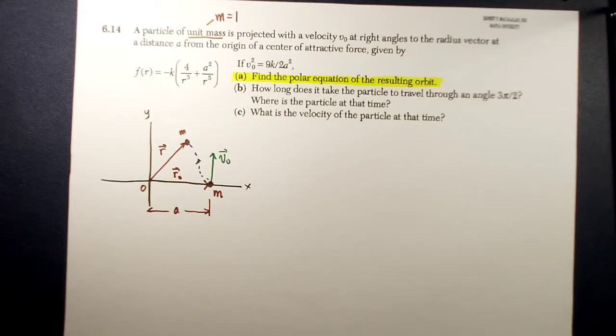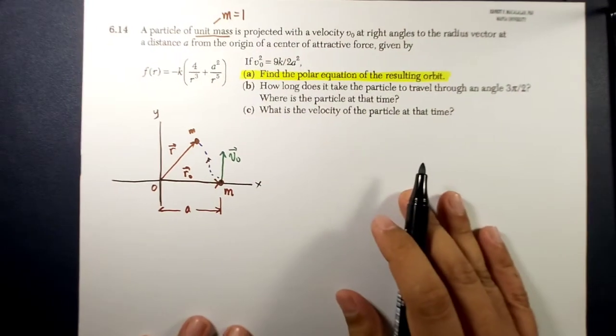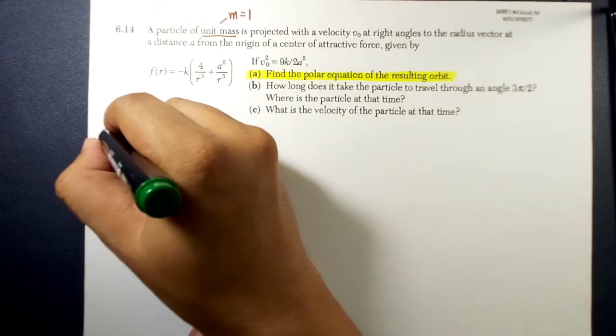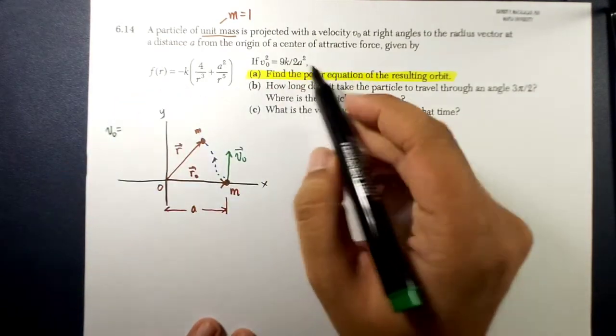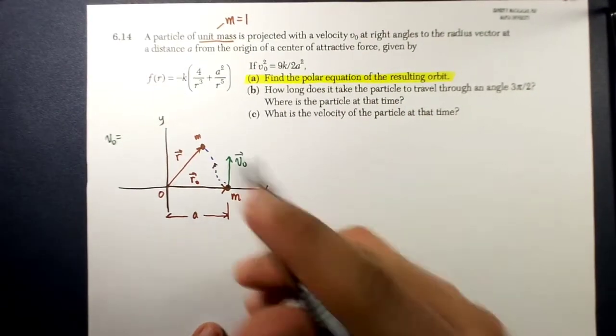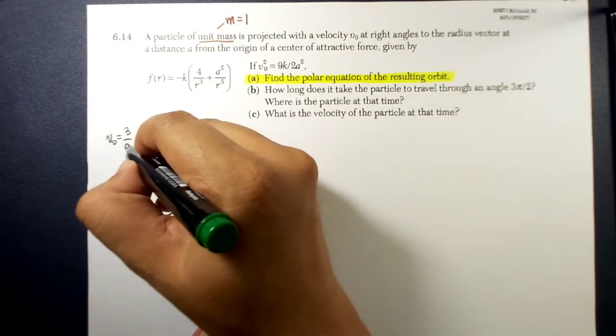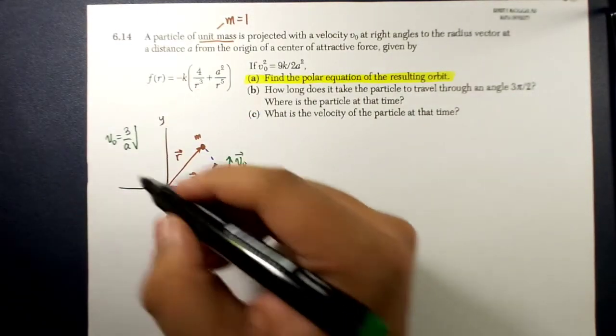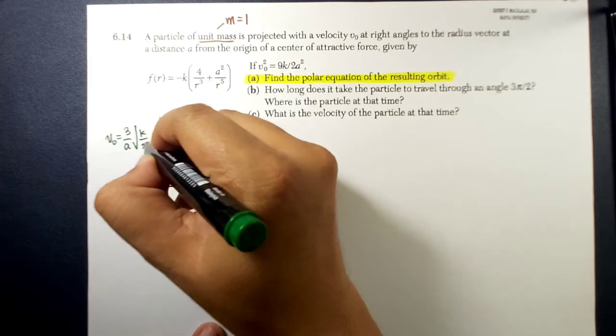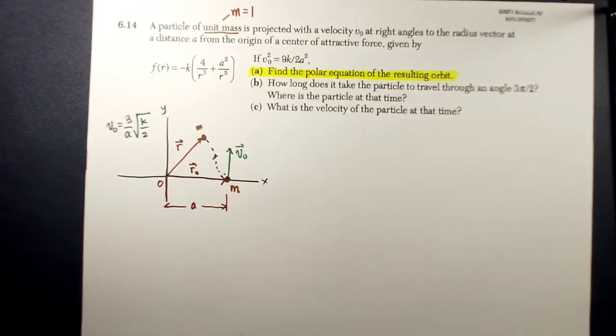Here we note that the initial speed is just the square root of this, so that's 3 over a times the square root of k over 2.